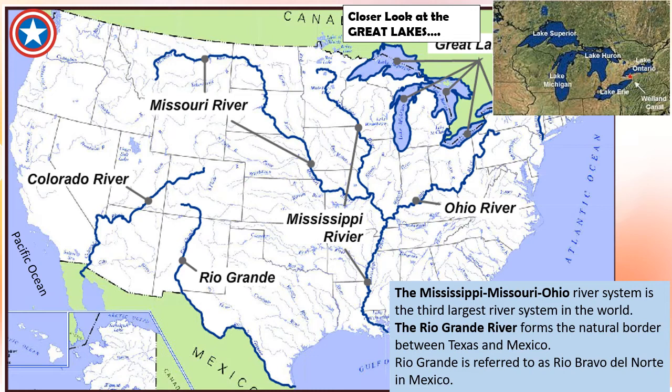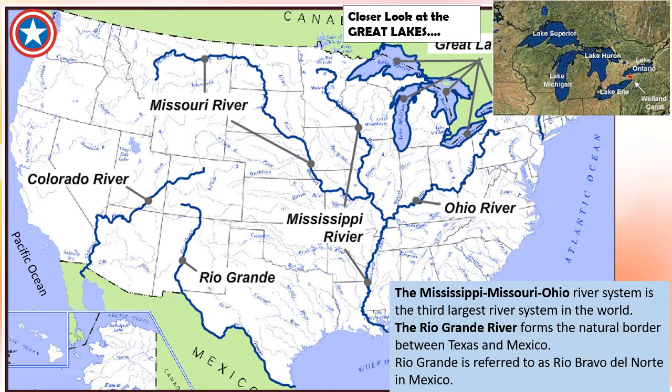Lakes, rivers, and bays are important parts of the physical geography of North America. Some lakes and rivers serve as natural boundaries between states and countries. Let's look at some major water features of North America, and in particular the United States.